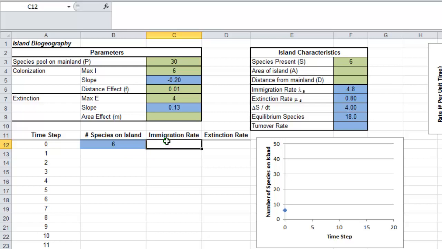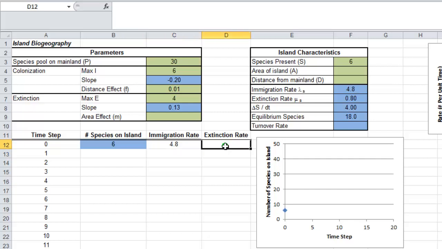So the immigration rate is computed as the intercept, which we know is stored in cell C4, and we'll anchor that, plus the slope, which is stored in cell C5, times the current number of species that are present on our island. And you can see that the formula returns 4.8, and it should match exactly this as a nice way to double check our work.